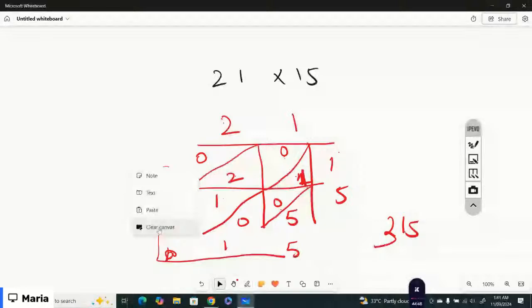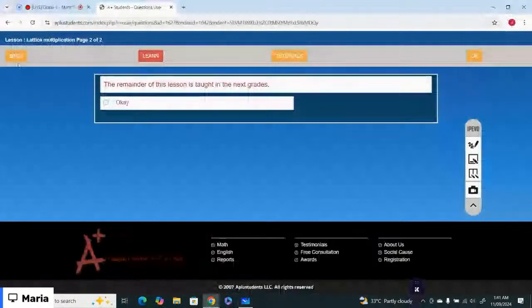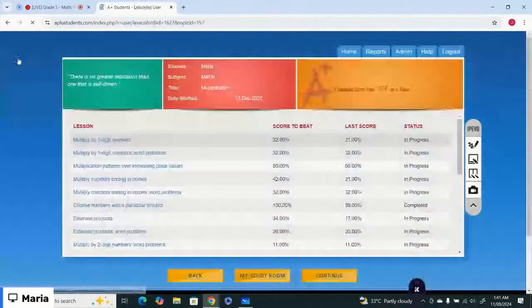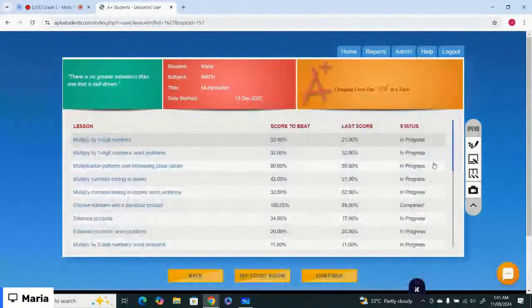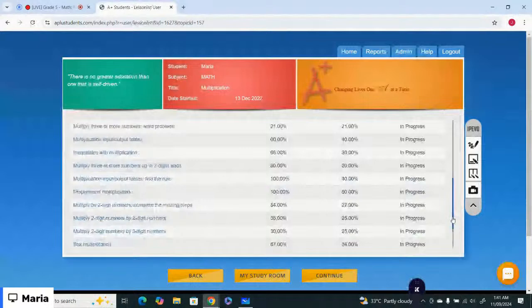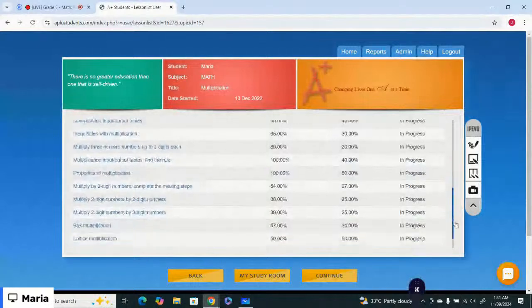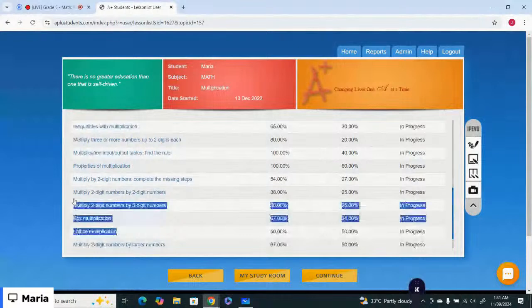Okay, you can find more practice questions like this and do as many as you can, right? So that's all for today. We were working on grade 5 math. The chapter we were working on is multiplication, and the lessons we have covered today are multiplying a two-digit number by a two-digit number, multiplying a two-digit number by a three-digit number, box multiplication, and lattice multiplication.